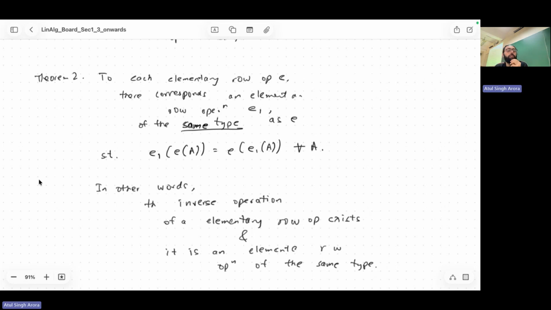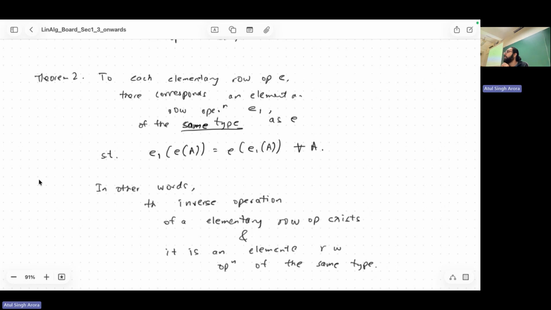It probably should, I think so, because you're able to go back. As long as the scalar is non-zero, I think that's probably correct. Okay. Any other questions?